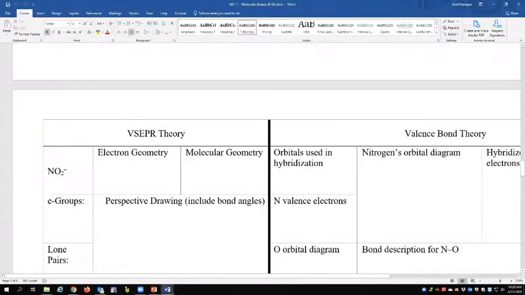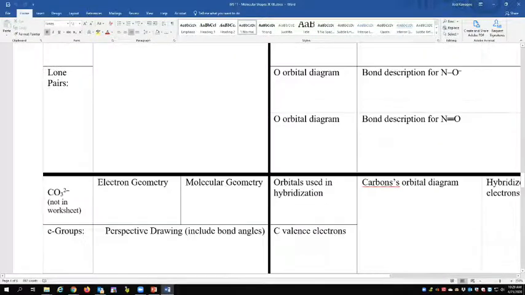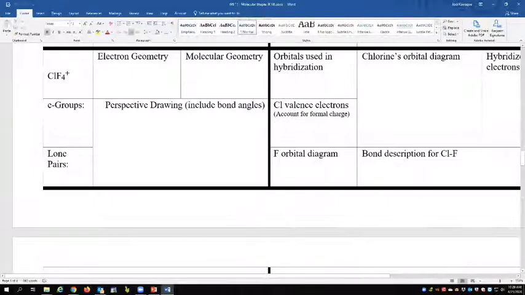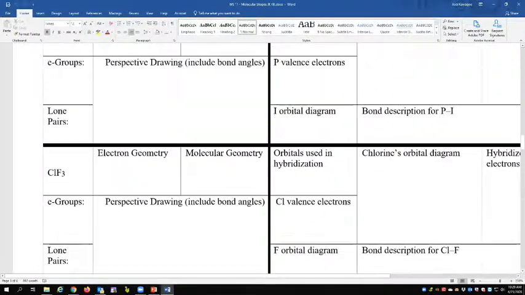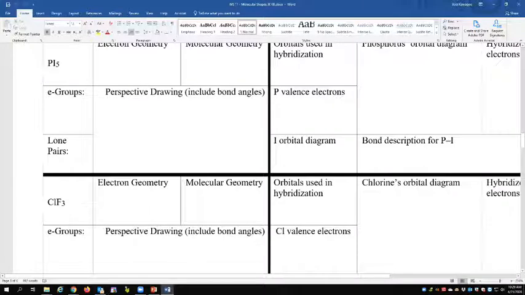It's below, it's below PI5. I think you just passed it. Oh, it's different in yours. Is it different? Yeah, slightly. Well, it's PO4 3 minus. Let me check that, because that shouldn't be.